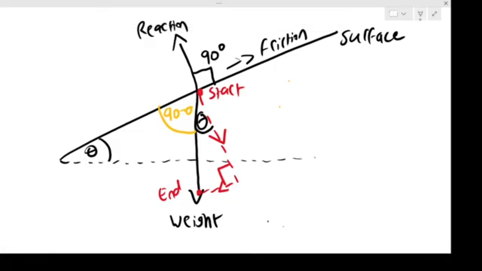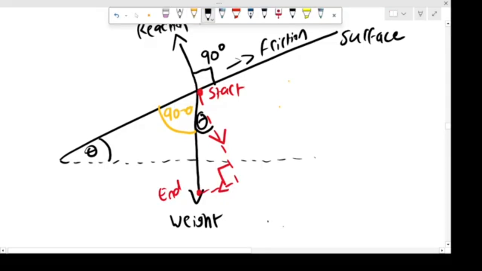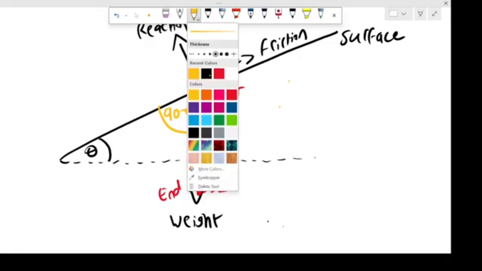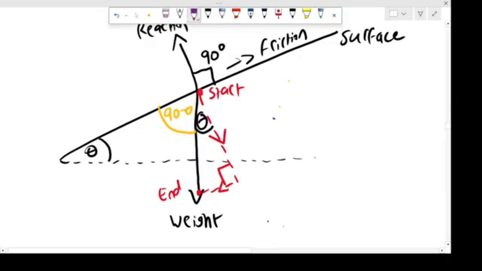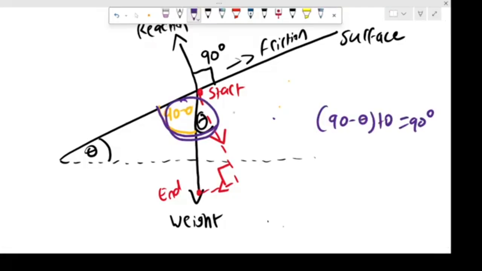Now, hopefully you can also see, if I do it in a different colour, that these two angles, 90 minus theta and theta, form a right angle. So these two angles have to add up to 90. Well, 90 minus theta add theta equals 90.